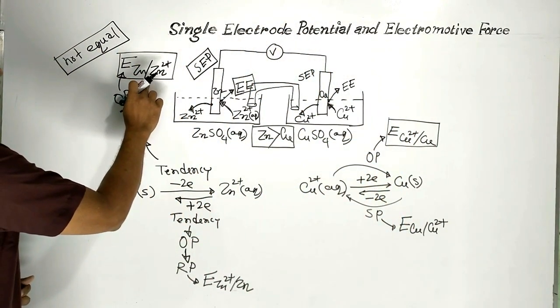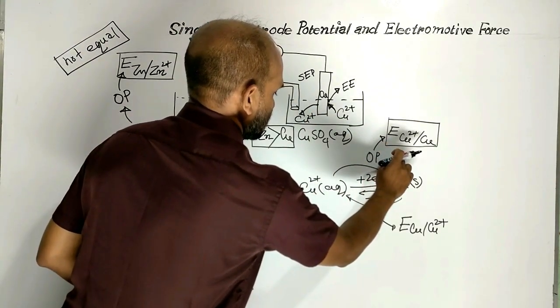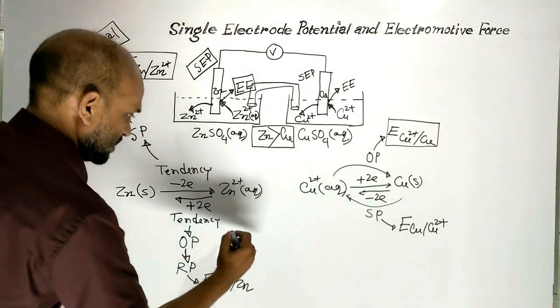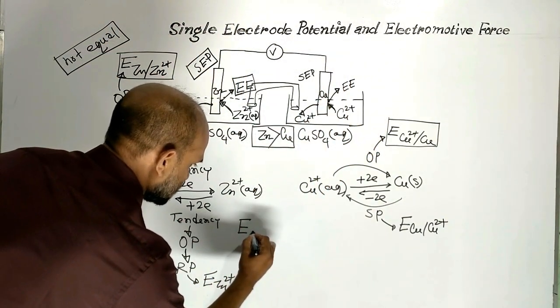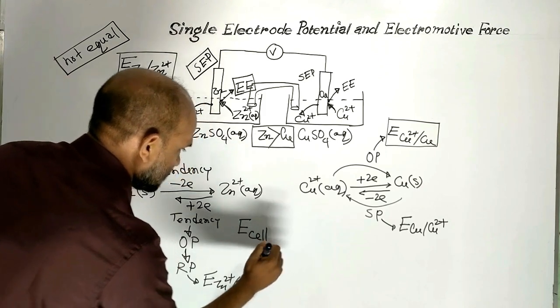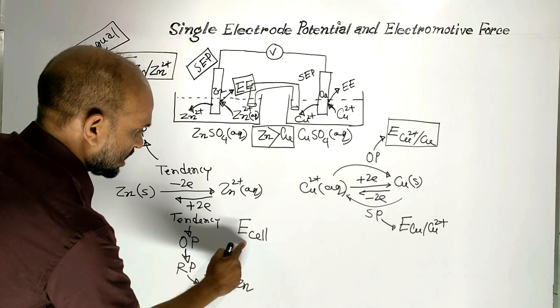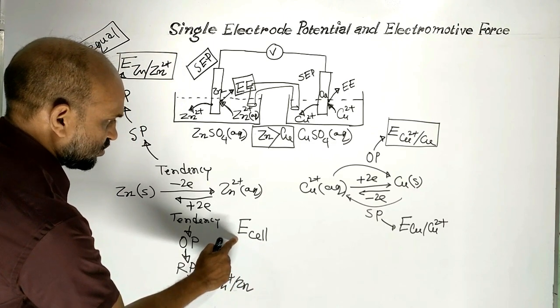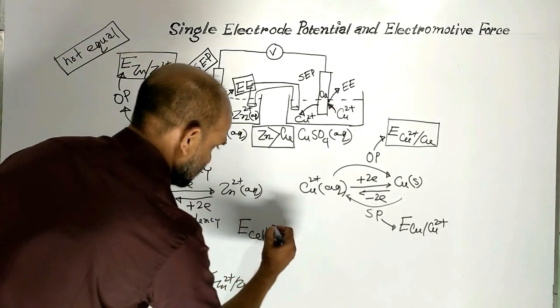The sum of oxidation potential and reduction potential is called electromotive force. Electromotive force, which is denoted by E cell, electromotive force or cell voltage. This is also known as cell potential, denoted by E cell.